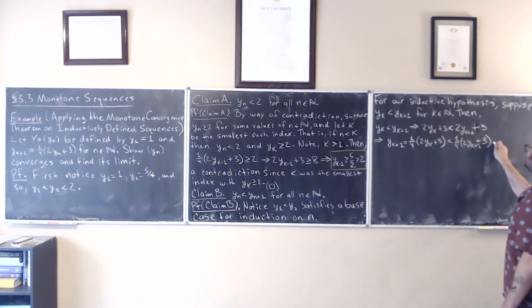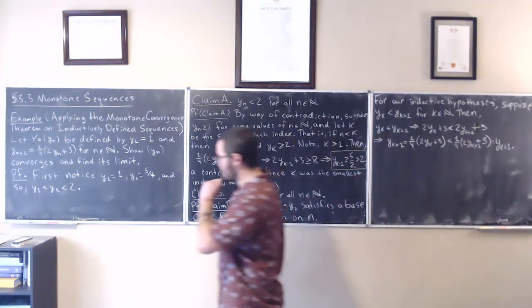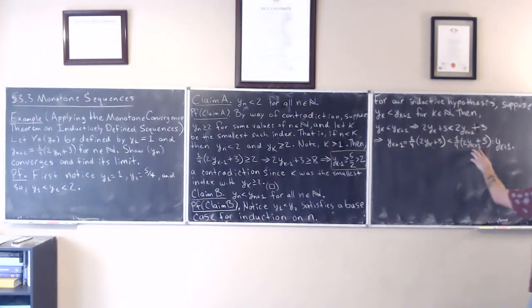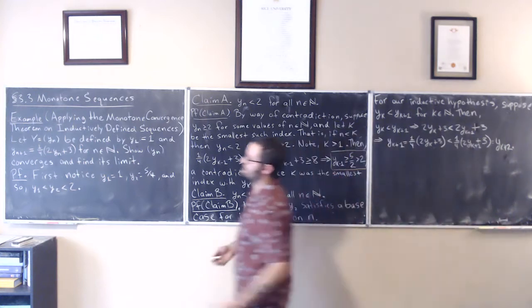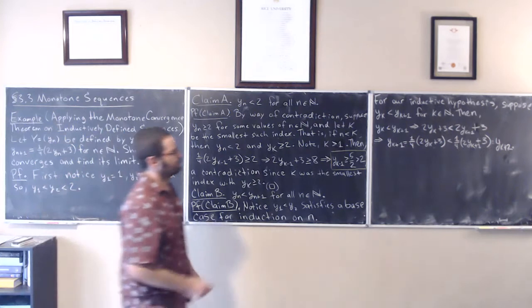And the right side is equal to y of k plus 2. Oh no, sorry, k plus 2, right? Because the k plus 1 term is there, and by the way that the sequence is defined, that's what it should be.